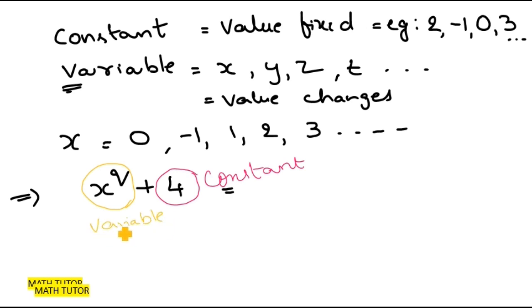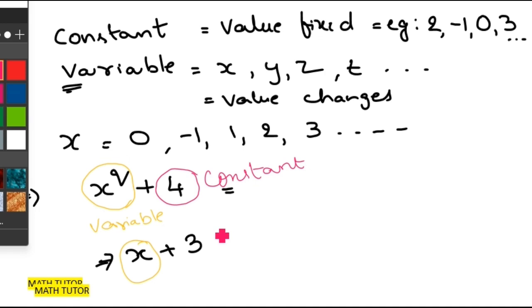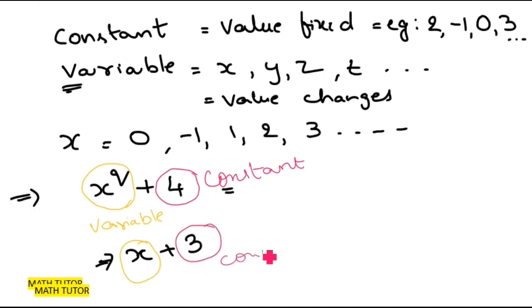Got it? One more example. x + 3. Here the variable is x and the constant is 3.